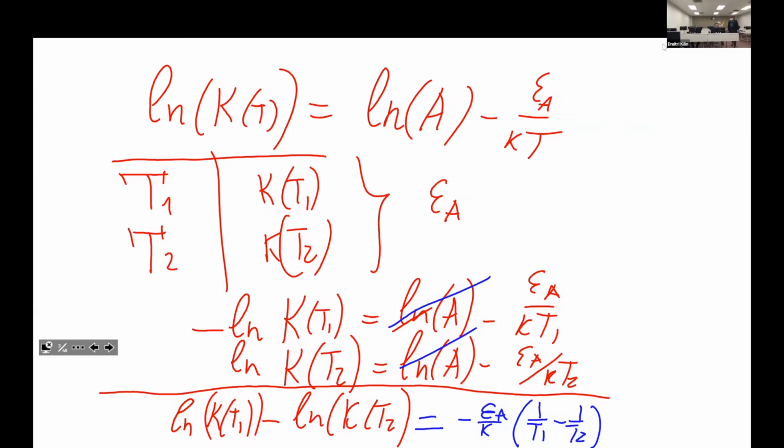So ln of... So this equation can be solved for activation energy, right?